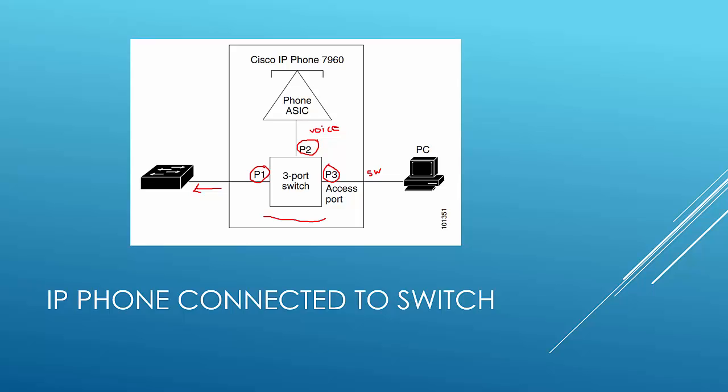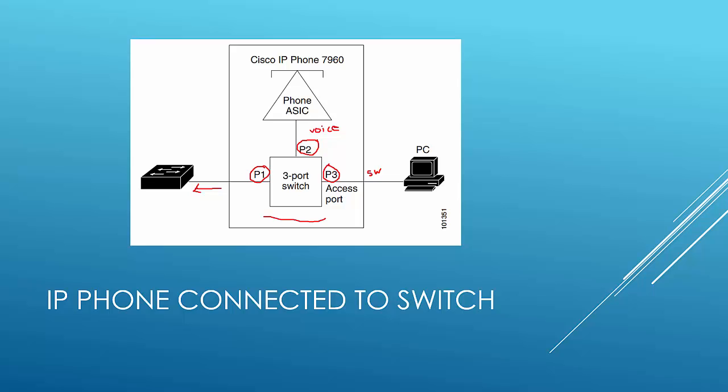So the phone has three ports. The first port is directly connected to the switch, the second is the internal port that will carry the voice traffic, and the third port will send the traffic to the PC or to the access ports.